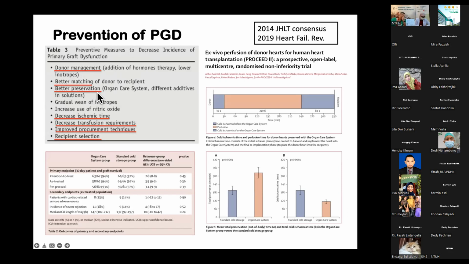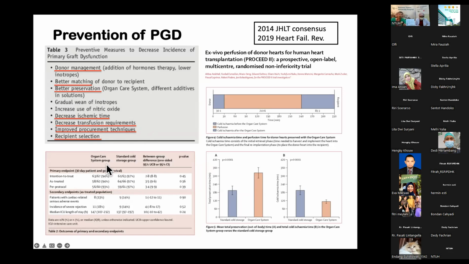Maybe in the future we may have the warm ischemia preservation, such as the organ care system, and using the nitric oxide to decrease the possibility of pulmonary hypertension, decrease the ischemia time, decrease the transfusion, and improve the procurement technique. Okay, and the selection. Just as I said before, donor factor, recipient factor, procedure factor.